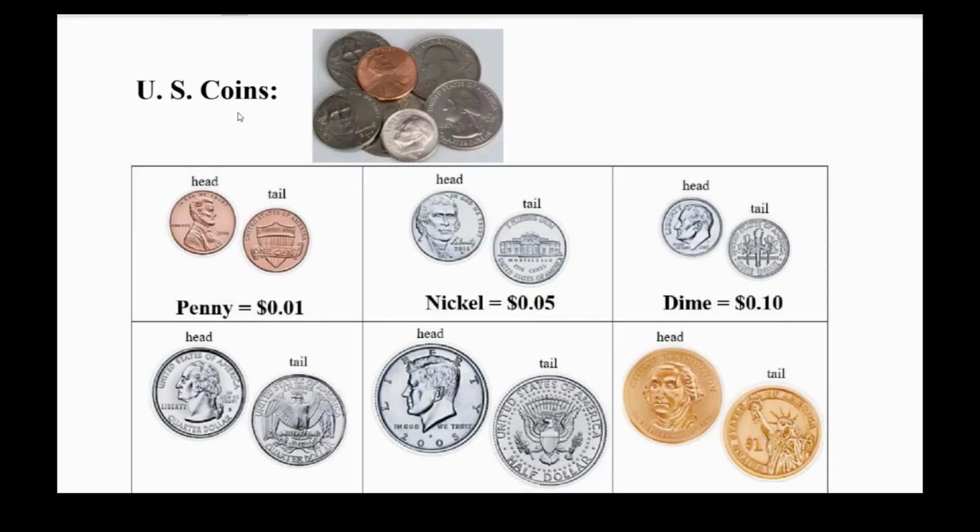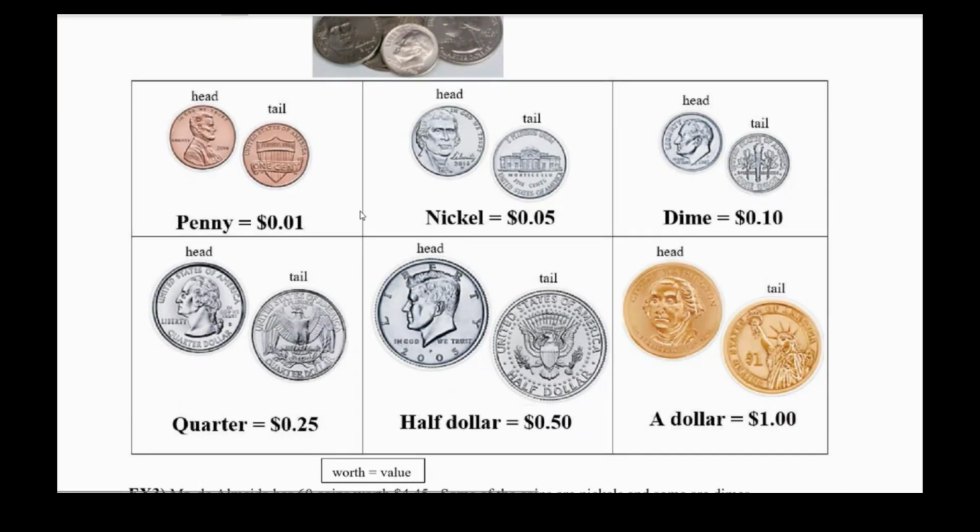On this next example, we're going to talk about US coins. It's very important that you become familiar with the 6 coins used in the United States. We have the penny, which is worth $0.01 or 1 cent. We have the nickel, which is worth 0.05 or 5 cents.